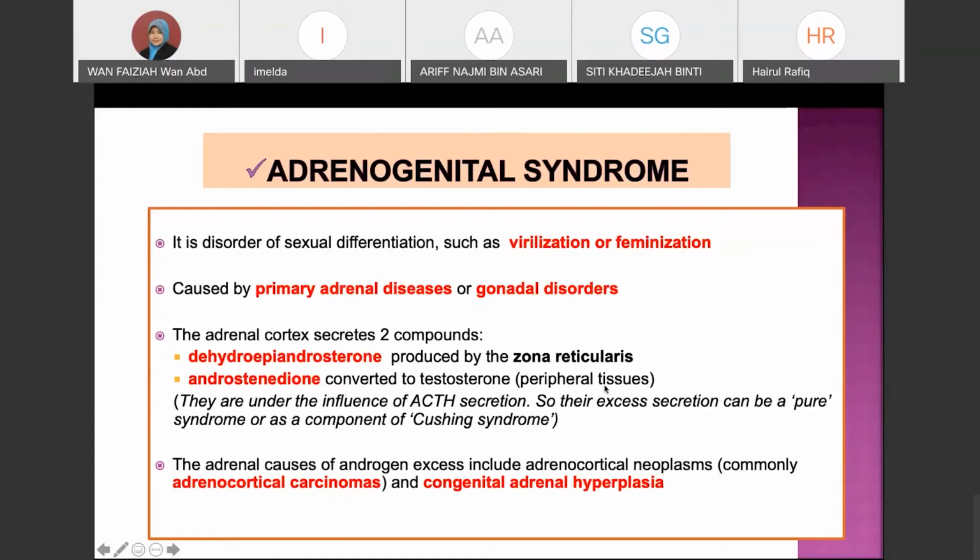All of this is under the influence of ACTH. So the excess secretion can be a pure syndrome, or sometimes it can be due to Cushing syndrome, because this zone is also affected by the ACTH.